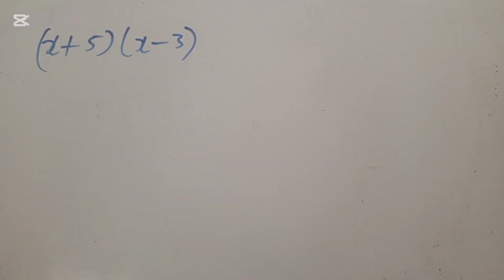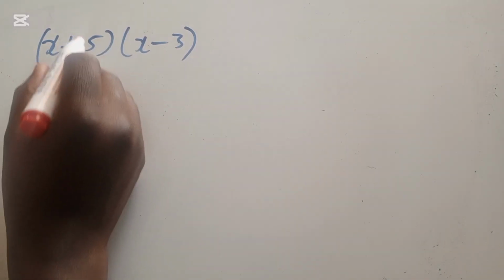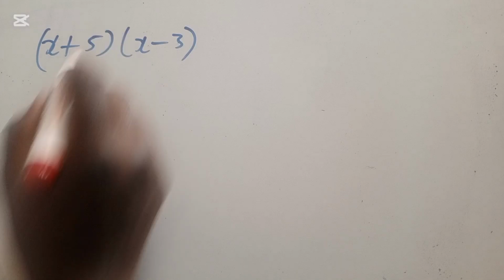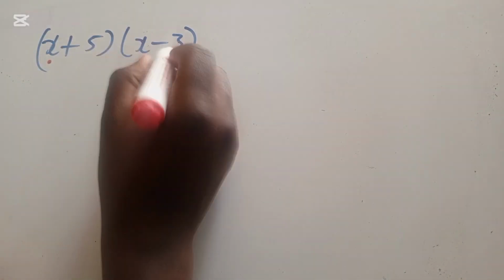We need to find how to multiply algebraic expressions, where you have unknowns. When you get such a question, you are multiplying all of this with this. So you can first take one term and multiply with everything.